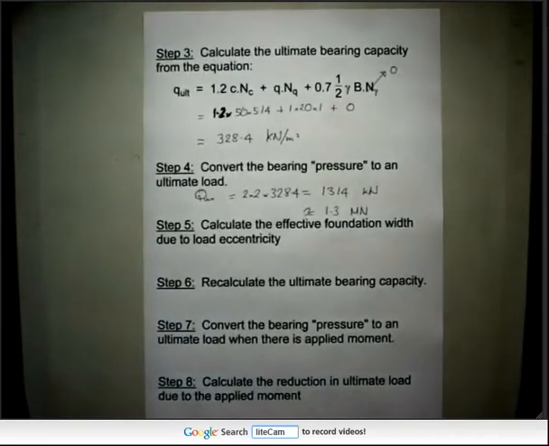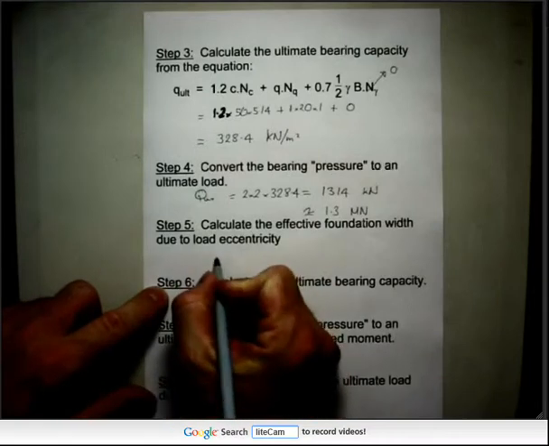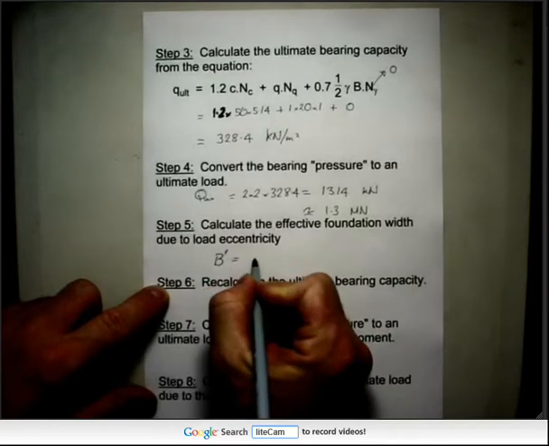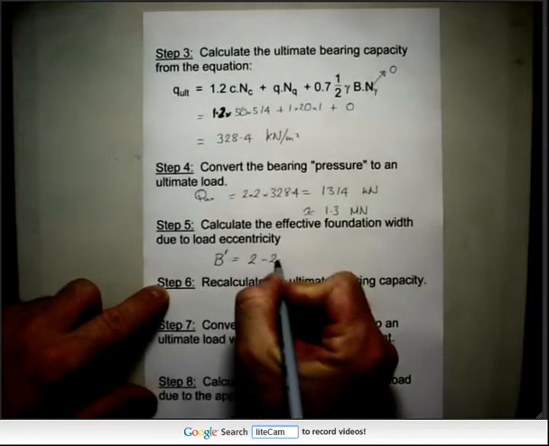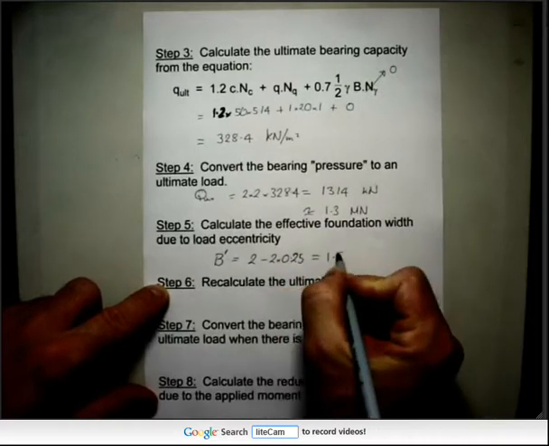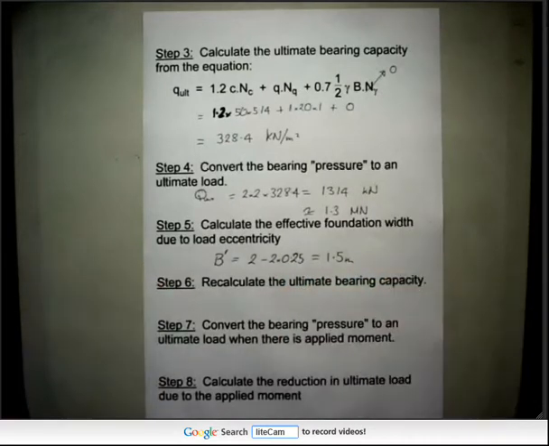So what we're going to say is, well, just for the moment, we'll call it B dash is equal to 2 minus 2 times 0.25 equals 1.5 metres. OK, we need to recalculate the ultimate bearing pressure again.